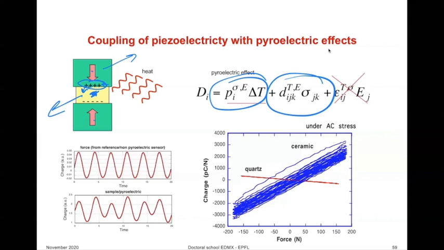So if we look at the pressure, this here should be pressure. If we apply pressure, which is sinusoidal function of time, and we look at the charge, if we have only piezoelectric effect, this should be also sinusoidal function, but it is disturbed.